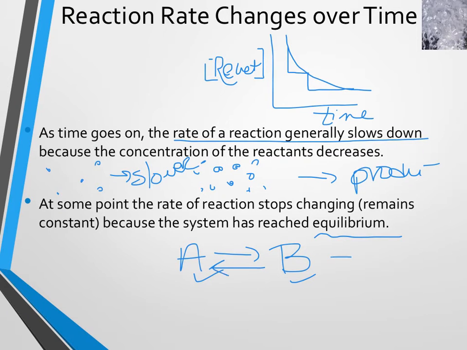So once you start building up enough product, you can generate collisions between the products and they can go back to reform reactant. When you have both processes going on and there's no net change, that is considered to be equilibrium. And once you have no net change, for all purposes it's stopped.